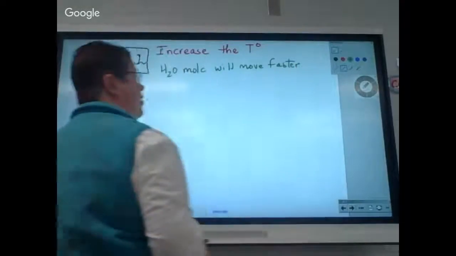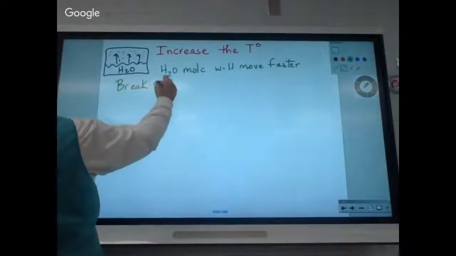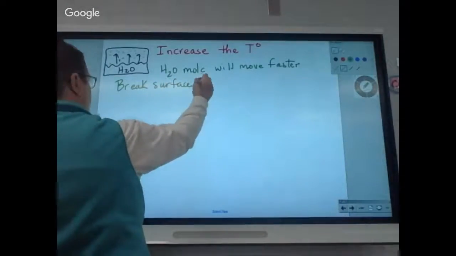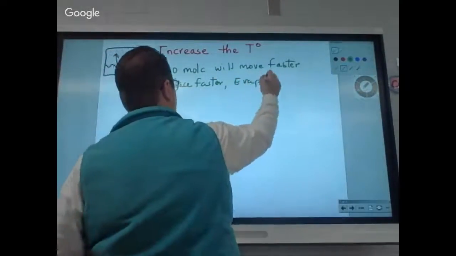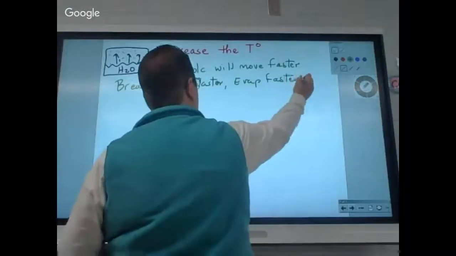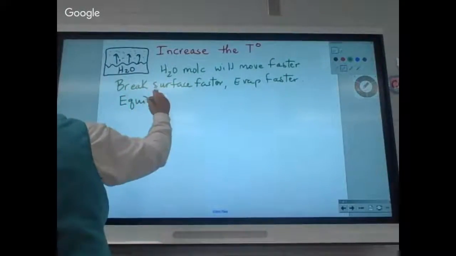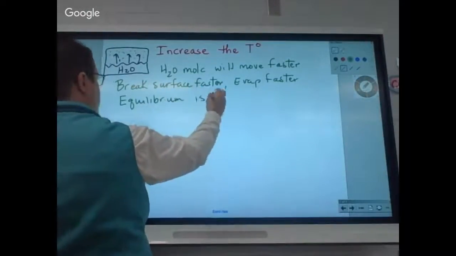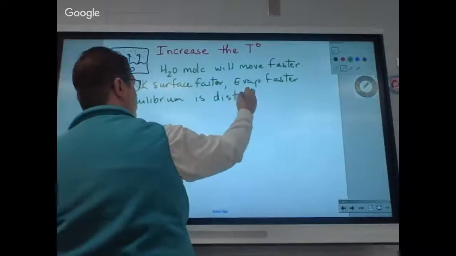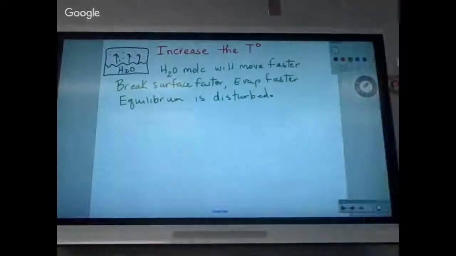If they move faster, they break the surface faster, which means they evaporate faster. Equilibrium is disturbed. So we are no longer at equilibrium.